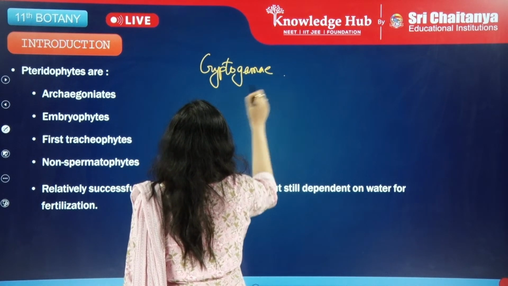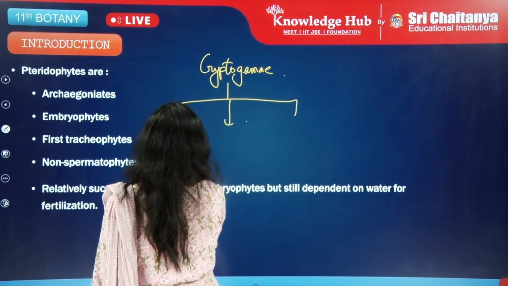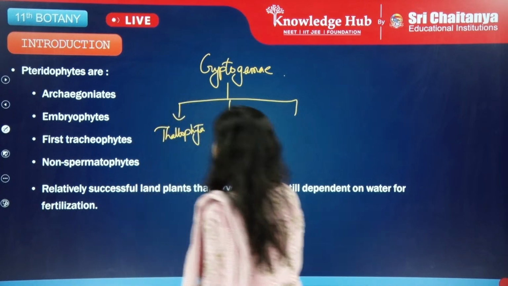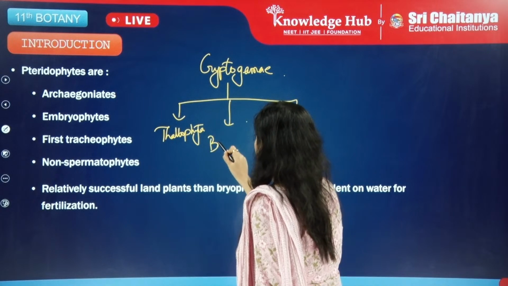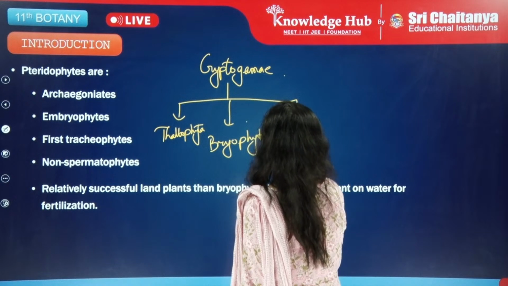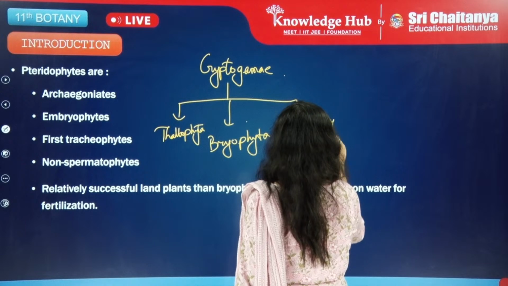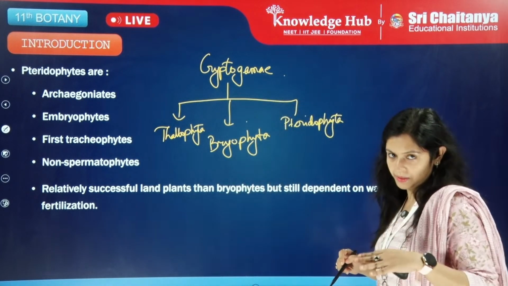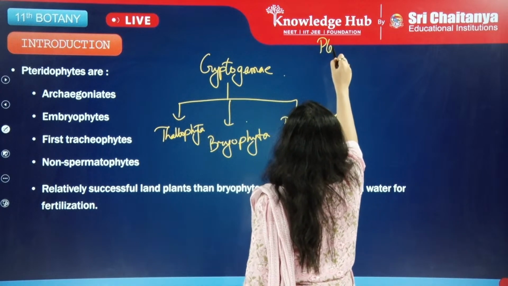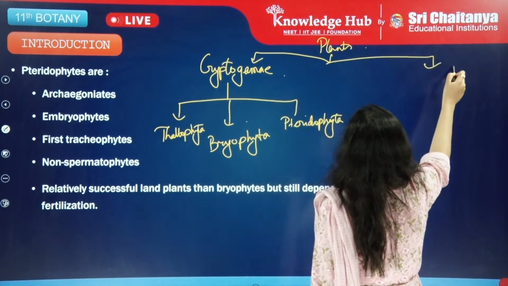Under cryptogamy, we have the subdivisions Thallophyta, Bryophyta and Pteridophyta. The entire group of plants is divided into cryptogamy and phanerogamy.